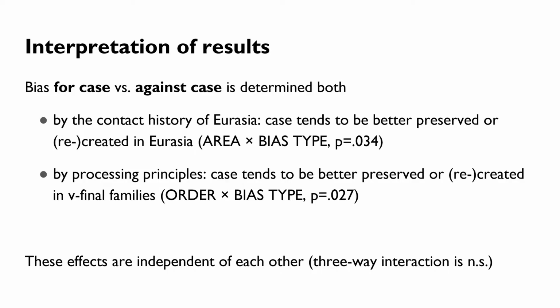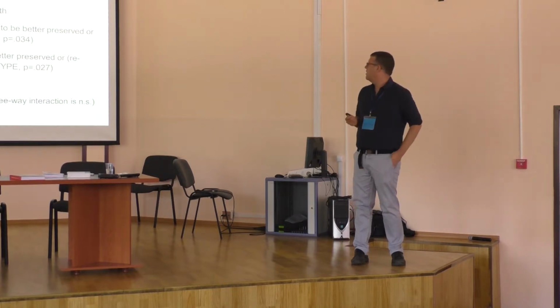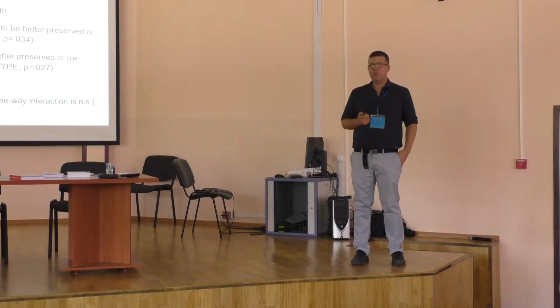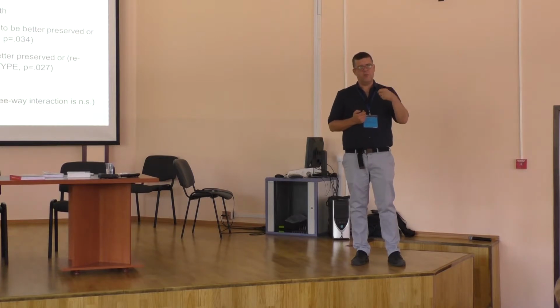So actually the bias for case, as opposed to against case, is determined by both these functional triggers and by event-based factors. So case tends to be better preserved in Eurasia, right? We see this in the plots. But we also see an effect of the correlation with verb final order, right? So there is something to that as well.